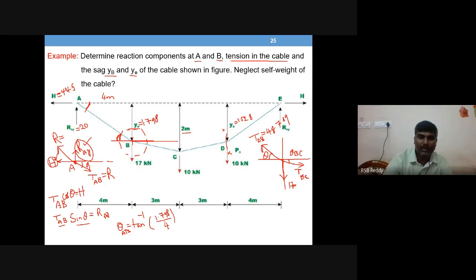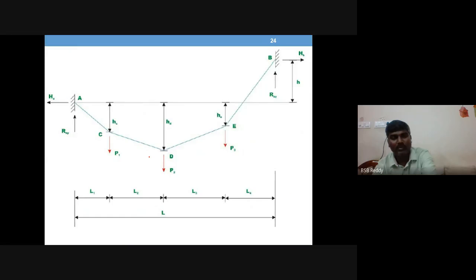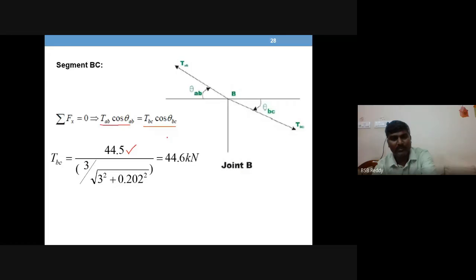So draw a line like this. This angle is theta BC. How do you get it? What is this height? Total is 2 minus 1.798; that is this height. And this one is 3 meters. What quantity do you want in the equation?